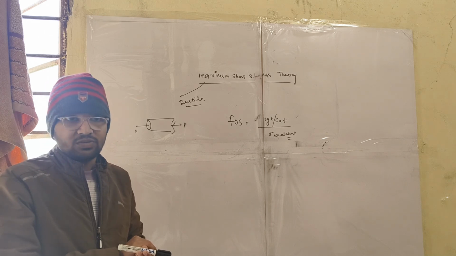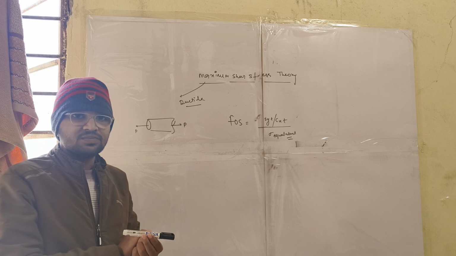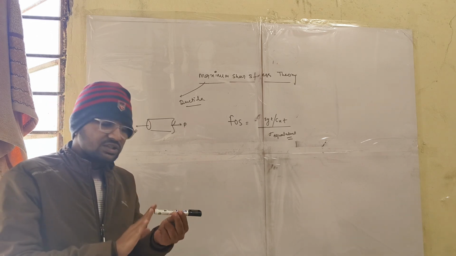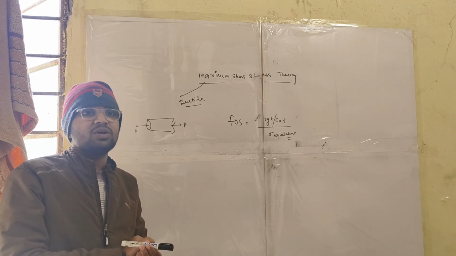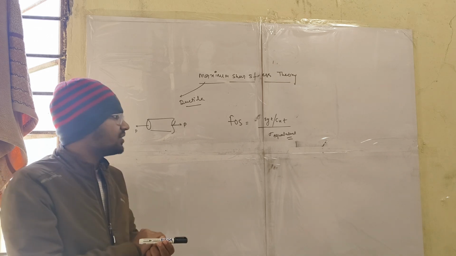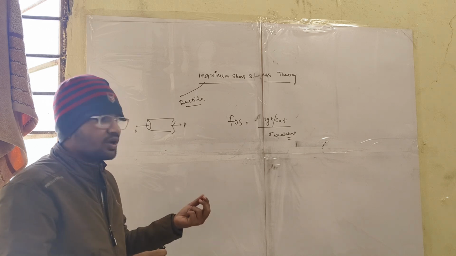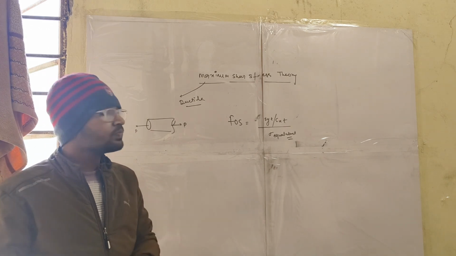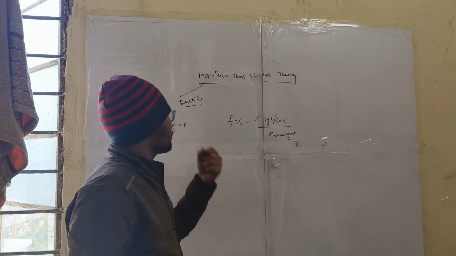Here, the factor of safety is 2. Basically, we design the shaft according to 50 Newton. This shaft can sustain 100 Newton, but for safety purposes, in current situations, we only apply 50 Newton. What is the factor of safety at this condition? It is 2, because 100 upon 50 is 2. Now I think you understand the concept of factor of safety.